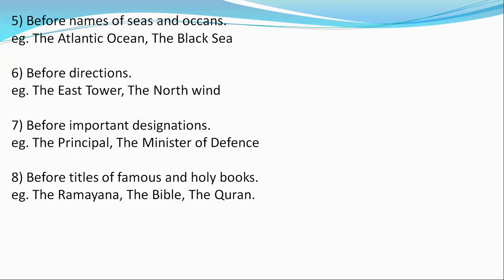Next, the seventh condition. The should be used before mentioning the important designations like the president, the prime minister, the minister of defense, the principal, the correspondent, etc. Eighth, the should be used before the titles of famous and holy books like this, the Ramayana, the Mahabharata, the Bible, the Quran, the Bhagavad Gita, the Tirukural, etc.